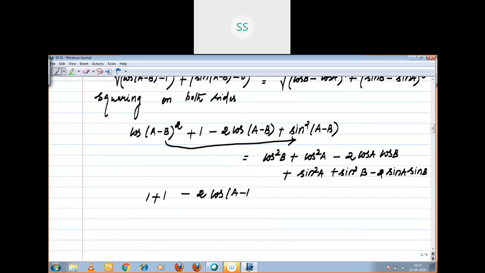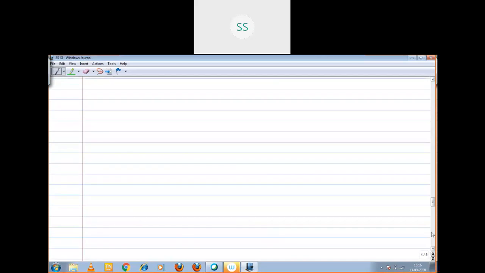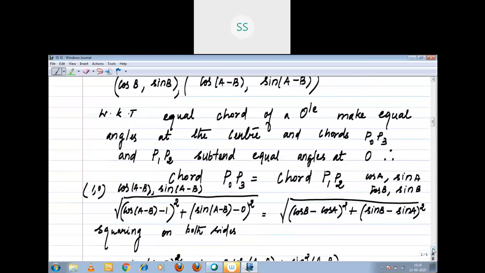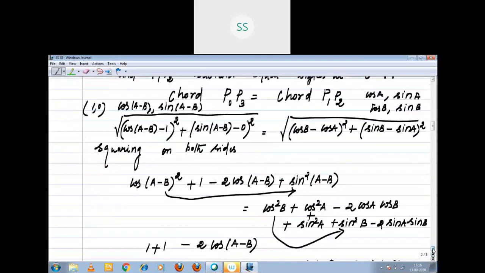What basic identity you know? Sin square A plus cos square A equal to 1. That means you have to combine these two. What can you get? 1 plus 1 minus 2 cos(A minus B), which is equal to, these you have to combine and these two you have to combine. What can you get? 1 plus 1, 2. 2 minus 2 cos A cos B minus 2 sin A sin B. Got it, children? Now you understood or not?